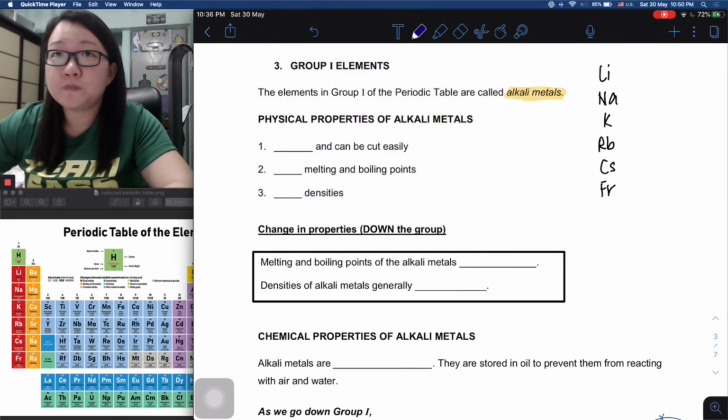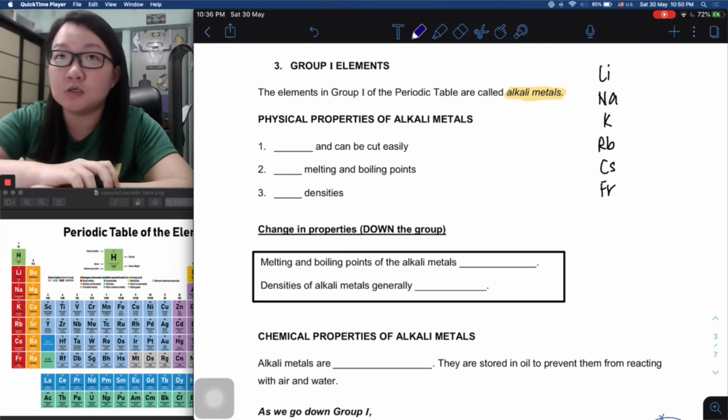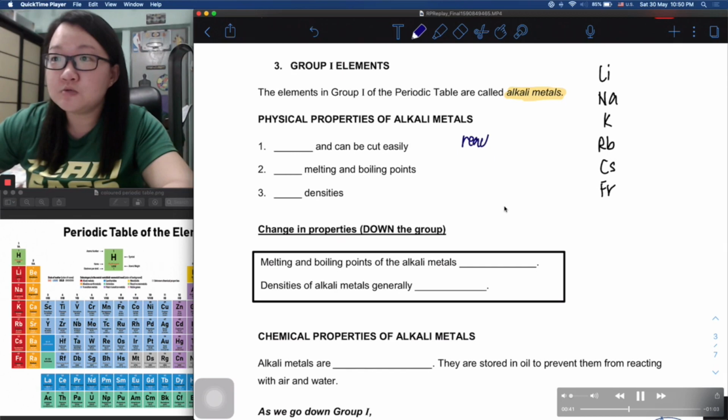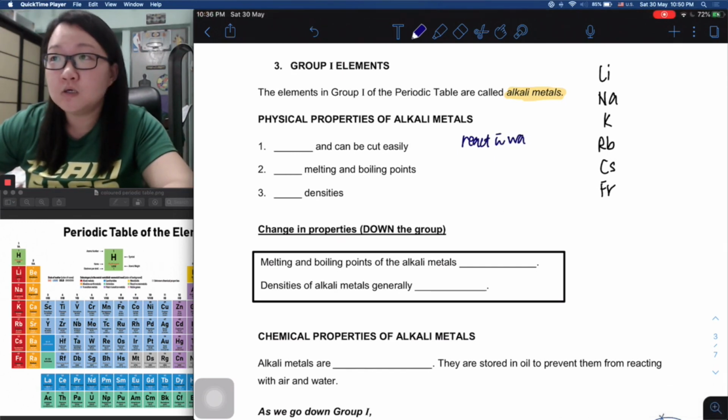You might be wondering why it's called alkali metals, right? There's a particular reason behind it, and once you learn acids and bases, it should be a lot more intuitive and you will understand a bit better.